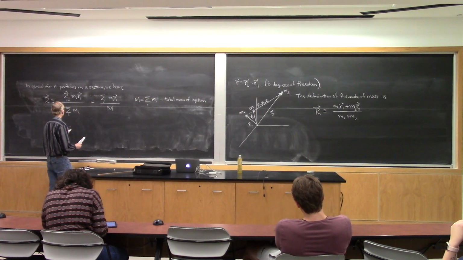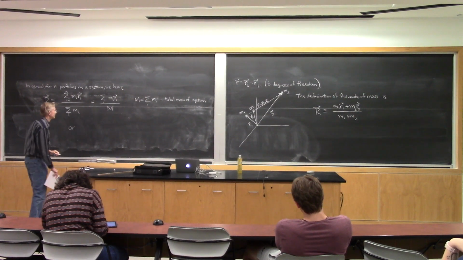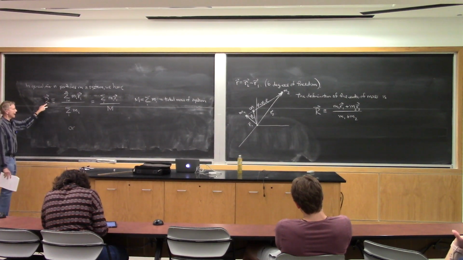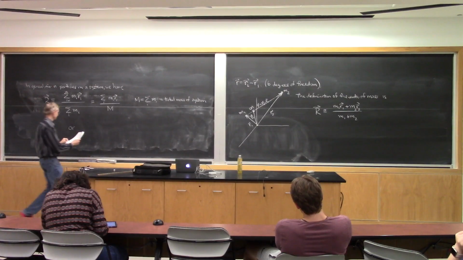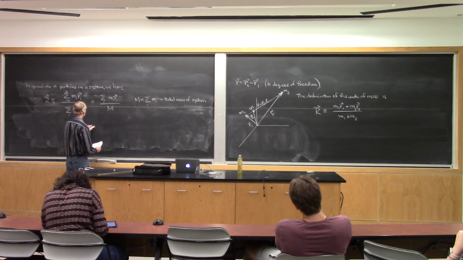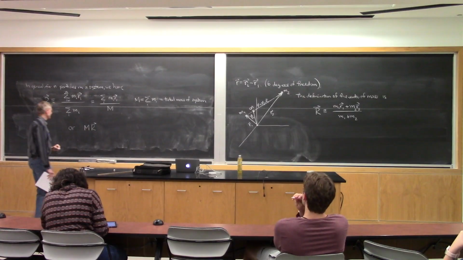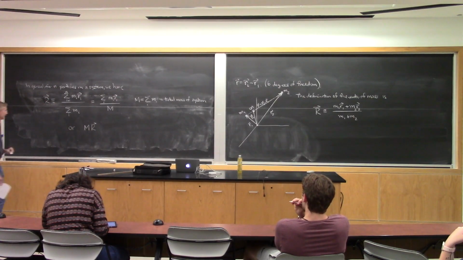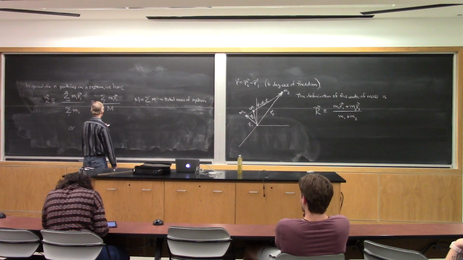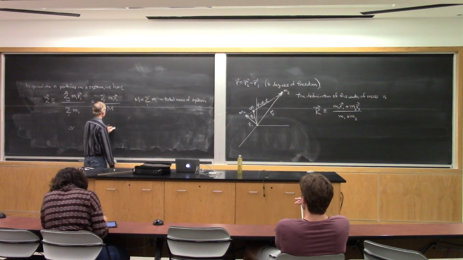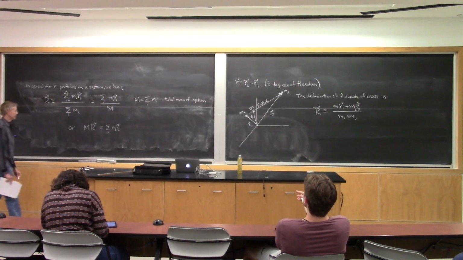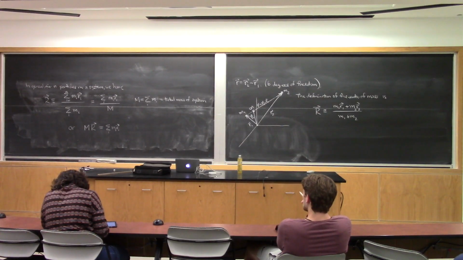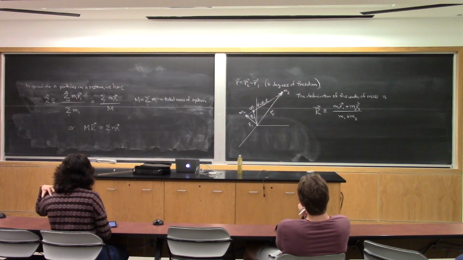Well, notice that says that M times capital R is the sum of the m_i r_i. So the total mass of the system times the position vector of the center of mass is equal to the sum for all the particles in the system of the m_i r_i.